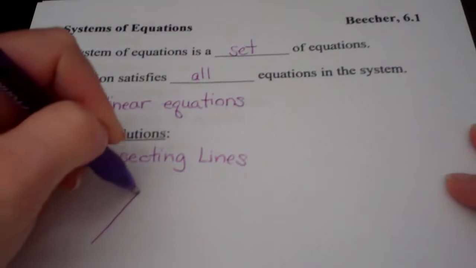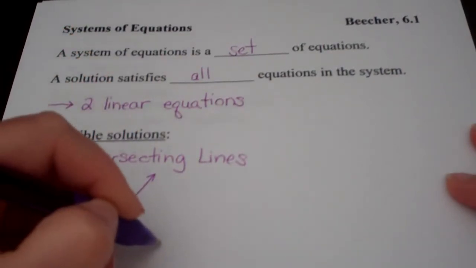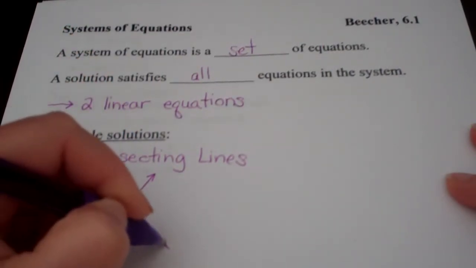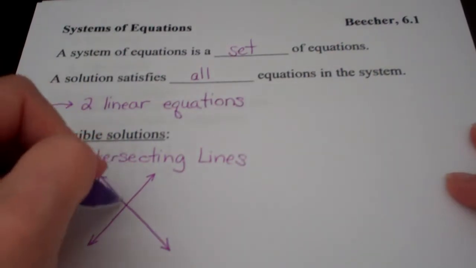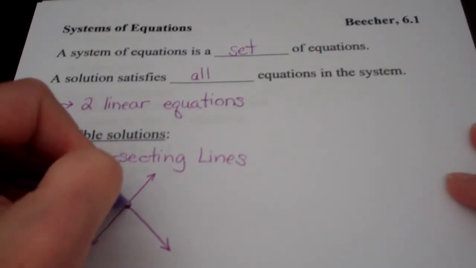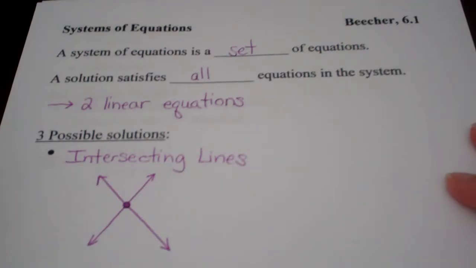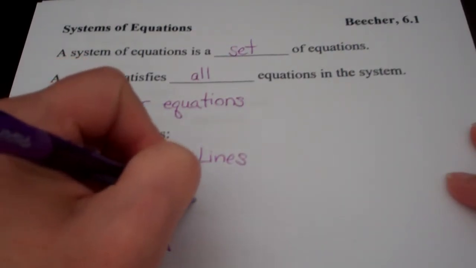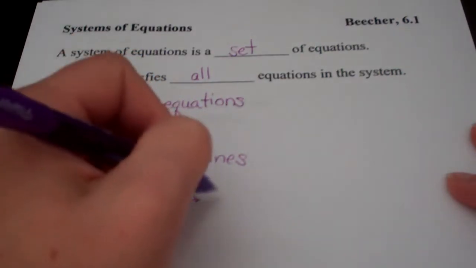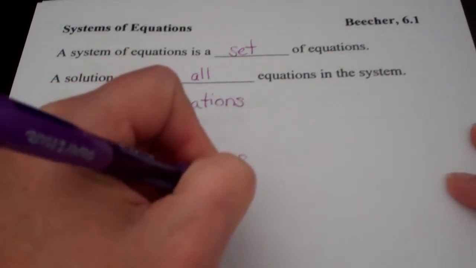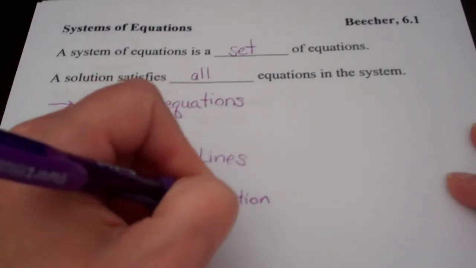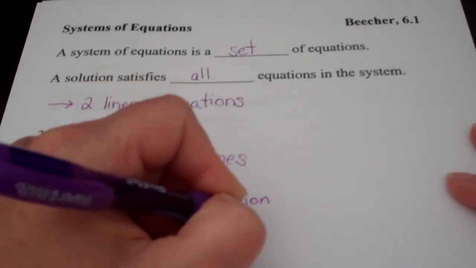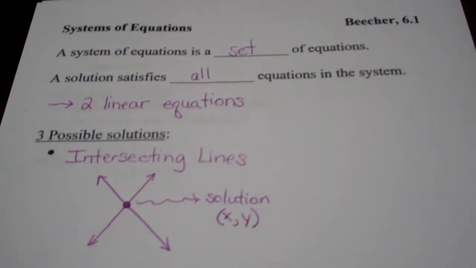And so maybe we have two lines that cross each other at some point, and the point where they cross is the solution. So the intersection point, this guy right here, would be the solution. Since the solution is a point, the answers for these are going to have both an x value and a y value.